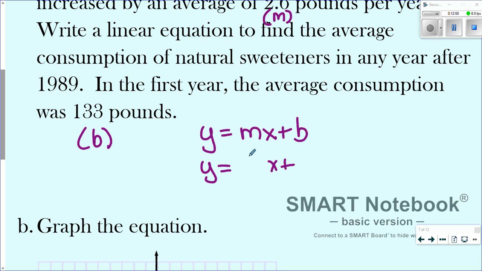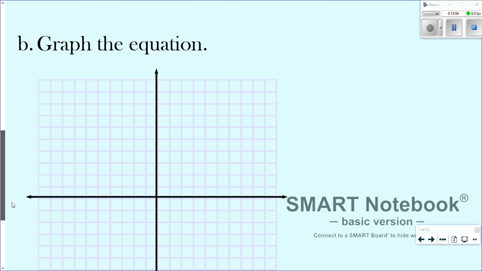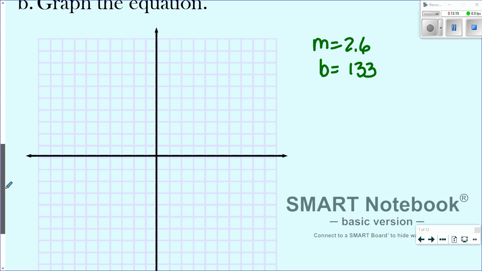So our m was 2.6, and our y-intercept was 133. So this is our equation. So now we have to graph it. Our m was 2.6 and our b, our y-intercept, was 133 pounds. So we need those two in order to graph this equation of a line.